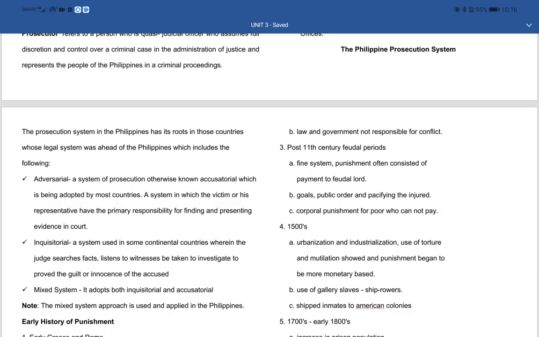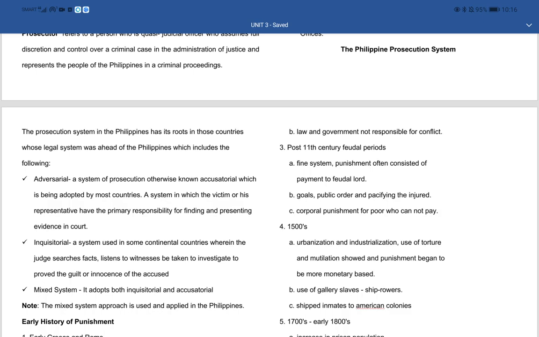This is a system in which the victim or his representative has the primary responsibility for finding and presenting evidence in court, wherein we apply this one. Of course, here in the Philippines, evidence is very important. That is why the logo of the law is a scale, where the side with more weight prevails. So meaning to say, evidence is the most important to prove the guilt of the person.